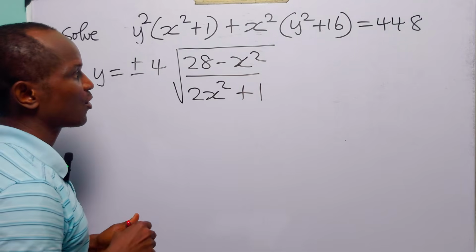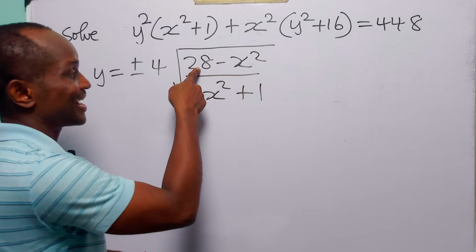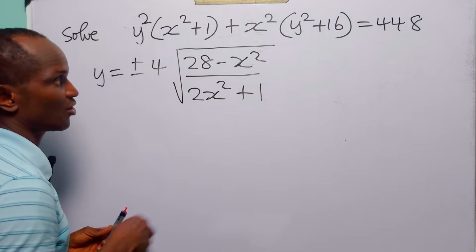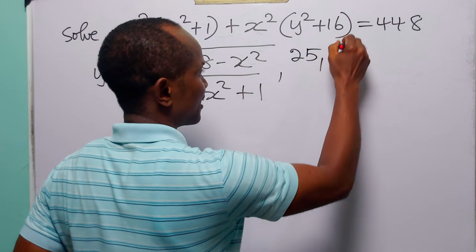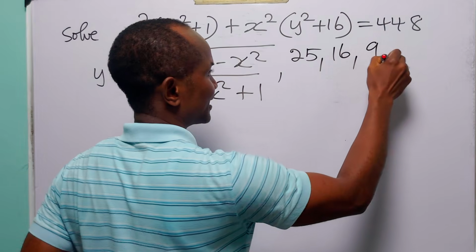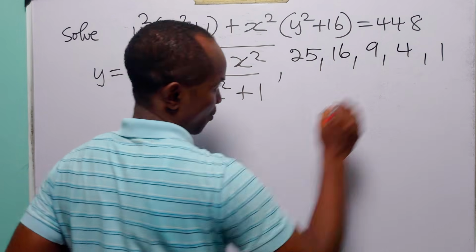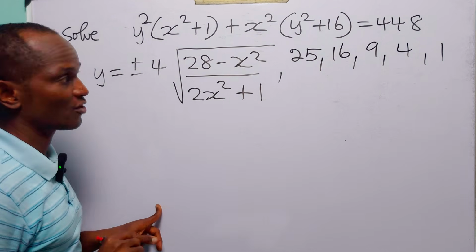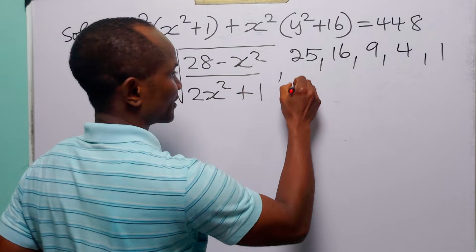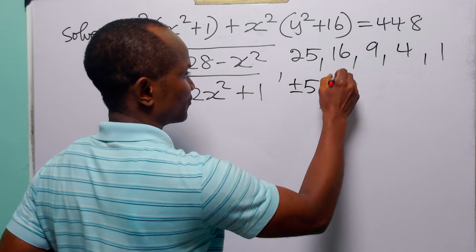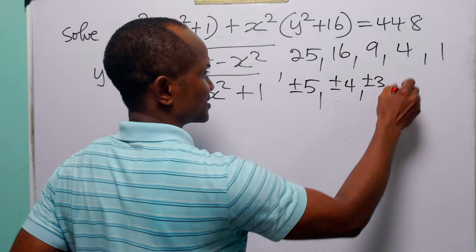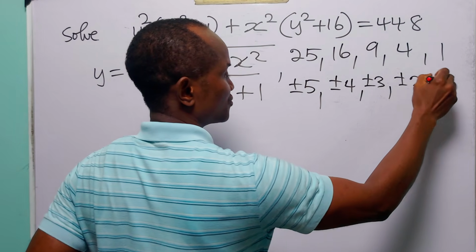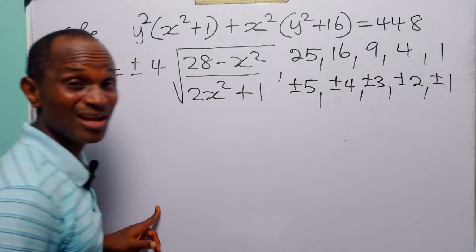So the question is, what are the perfect squares less than 28? Of course, we have 25, we have 16, 9, 4, and 1. So the possible values of x are plus or minus 5, plus or minus 4, plus or minus 3, plus or minus 2, and plus or minus 1.